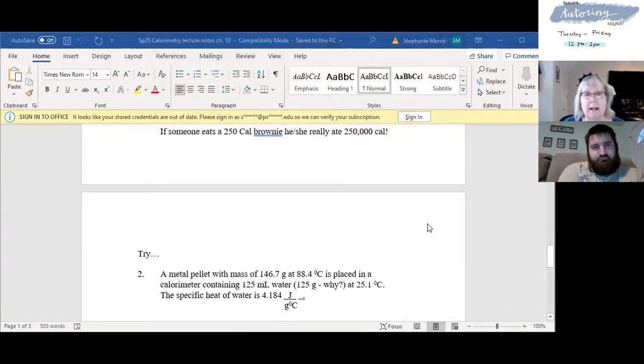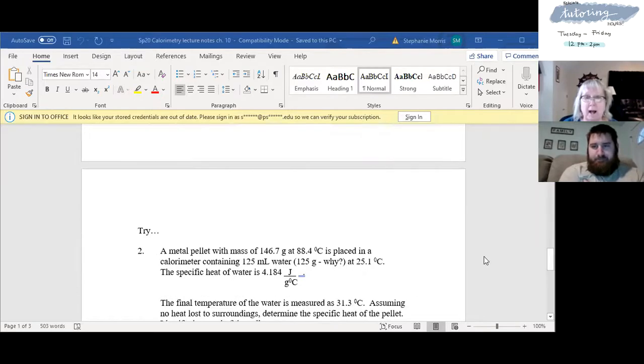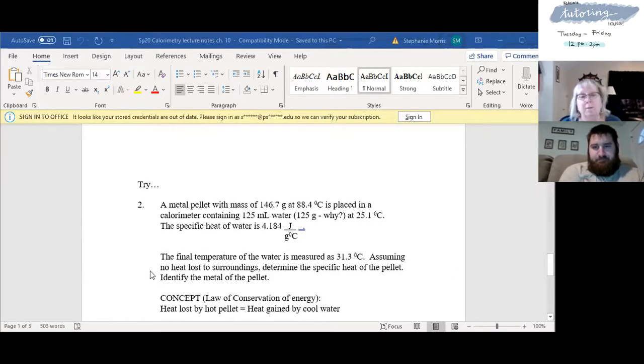Then, okay, here I have an application. If you have, say, an element, a piece of metal with a mass given, and it's at a hot temperature, and you place it in a calorimeter containing a volume of water, which is the same as 125 grams of water because of the densities being 1 gram per milliliter, and that water's at a cooler temperature, you want to find out, oh, I'm giving you the final temperature.